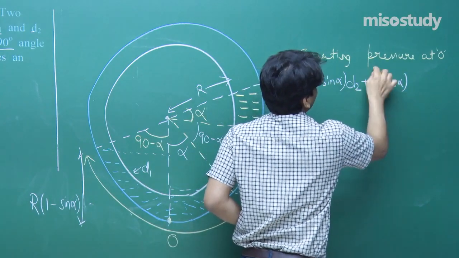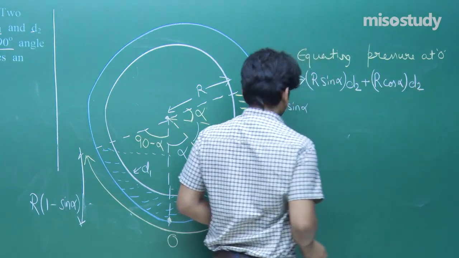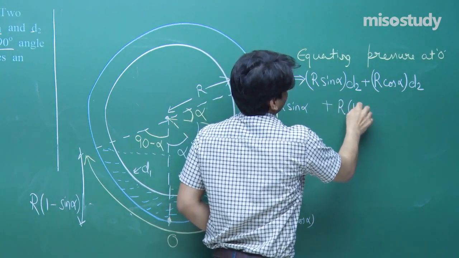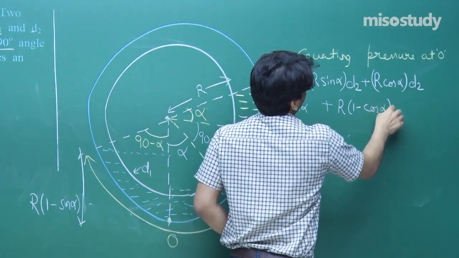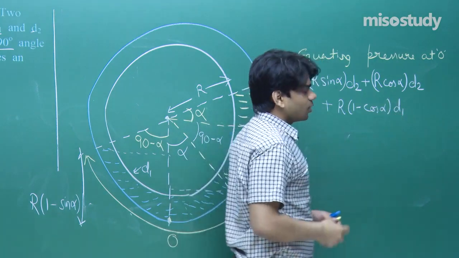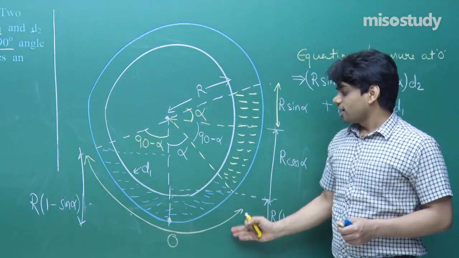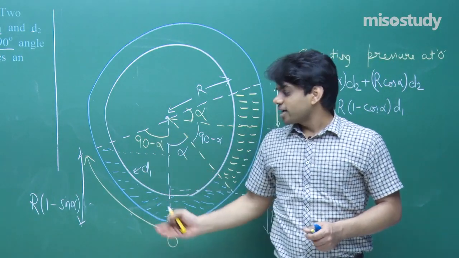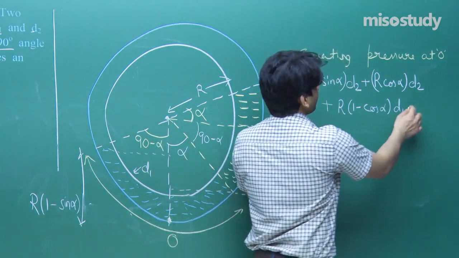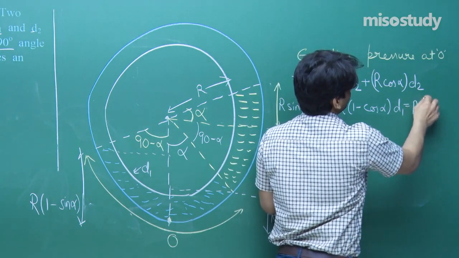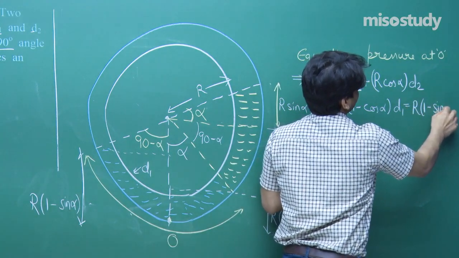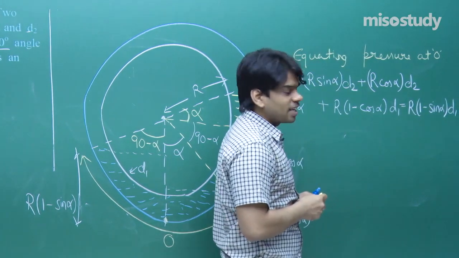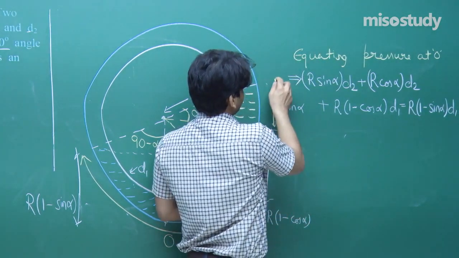Then plus R(1 − cos α) multiplied by D1, because the liquid in this part is the other one, of density D1. Now for here it's equal to R(1 − sin α)·D1. I believe that you can clearly see up till that.